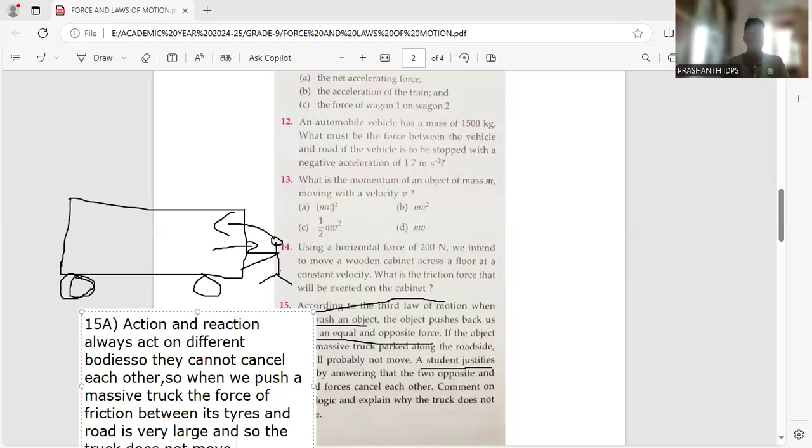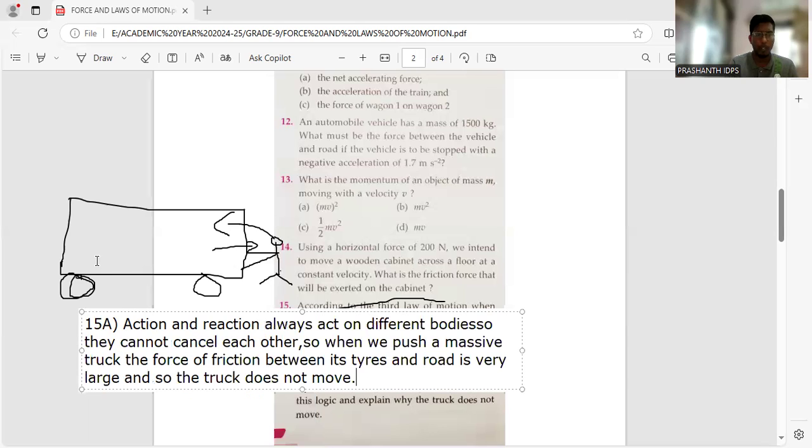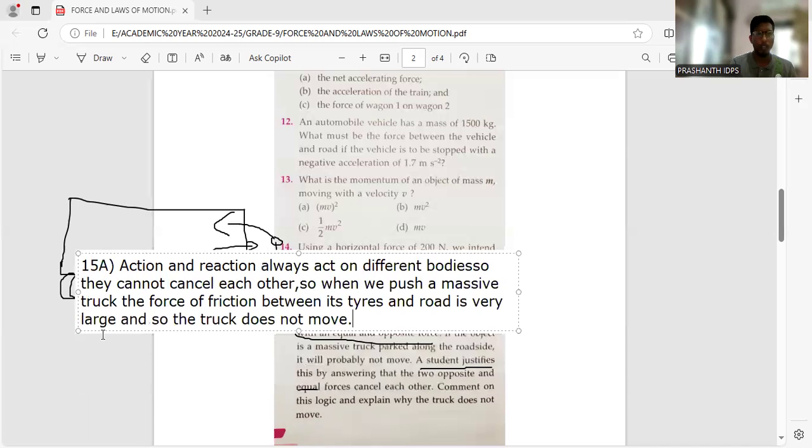This is very important. Two forces cancel: the applied force in one direction, and the reaction force, the frictional force between the tire and the road, in the opposite direction. Both cancel each other and the truck won't move. So this is the answer for the 15th question.